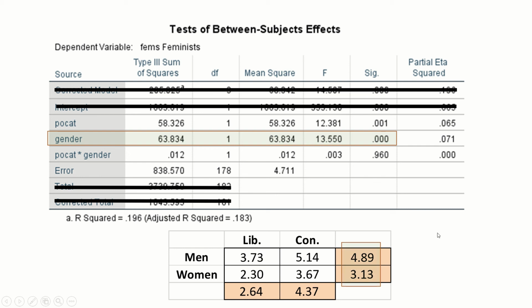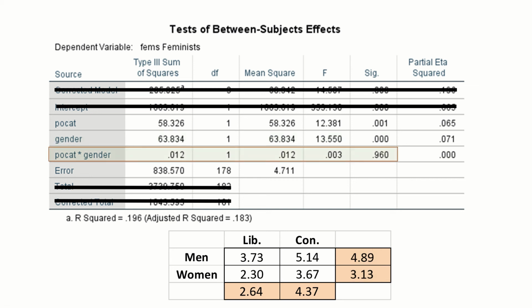If we take a look at the interaction term here, remember it's denoted in the ANOVA table by one variable, then an asterisk, and then the other variable. The sig value here for the interaction term is 0.96, very non-significant. So we don't have a significant interaction.